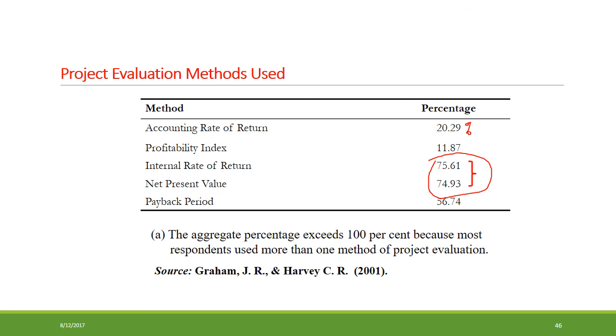The payback period, despite all the problems and all the limitations, is also quite popular, given that about 56% of the firms use the payback period. Also, we see that these numbers don't add up to 100. If you add all these percentages up, it will be more than 100%, so it means that firms tend to use more than one method to evaluate their projects.